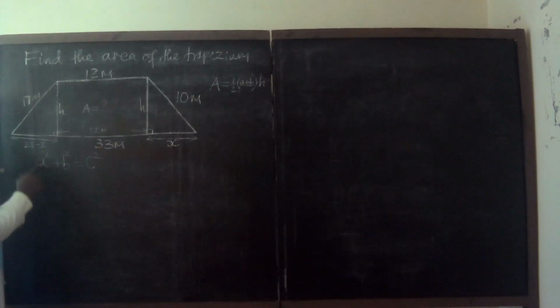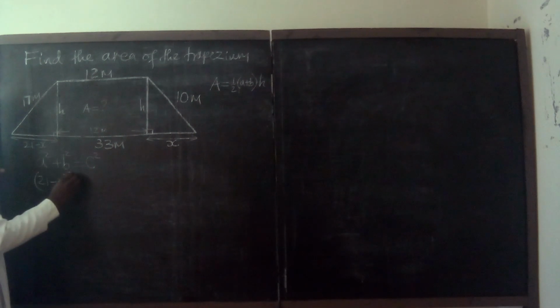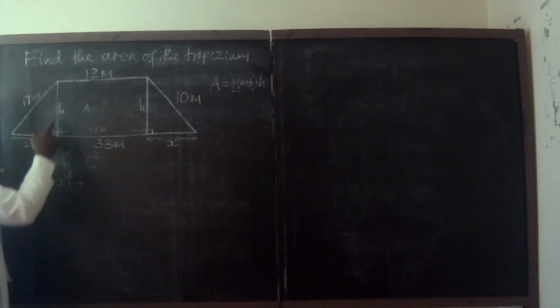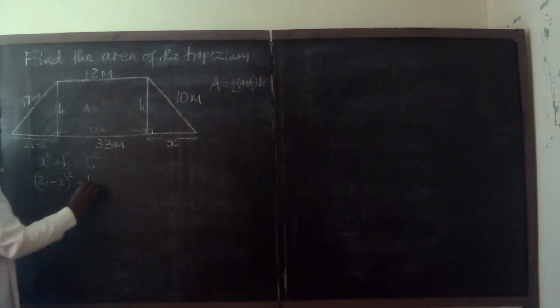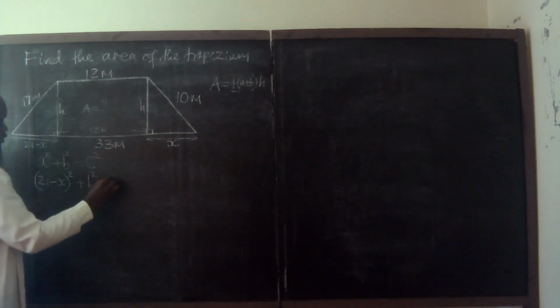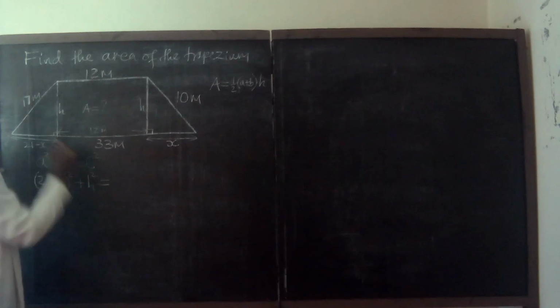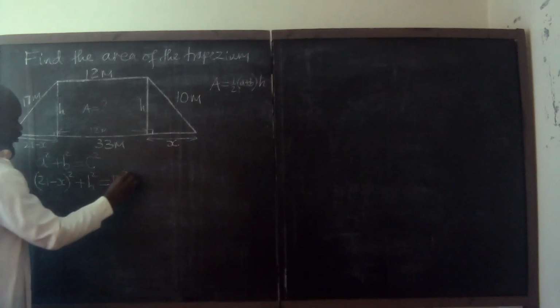In this case, I consider a as 21 minus x, squared, plus b, the shortest side h, which is h squared, equal to 17 squared.